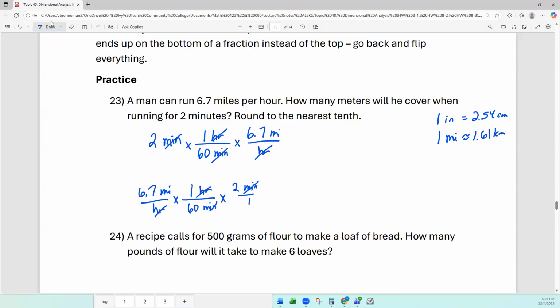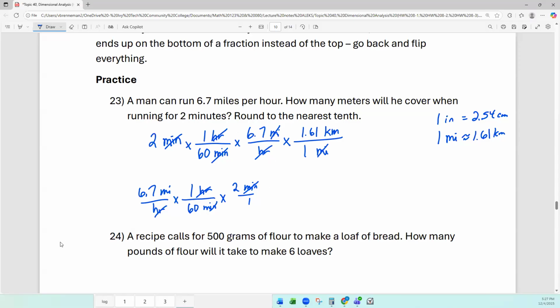So I'm going to go from mile, I'll go ahead and go miles to kilometers here. So I put the 1 mile on the bottom and the 1.61 kilometers on top. And then I'm going to go ahead and stop there because I'll just do a metric conversion shortcut with the result.